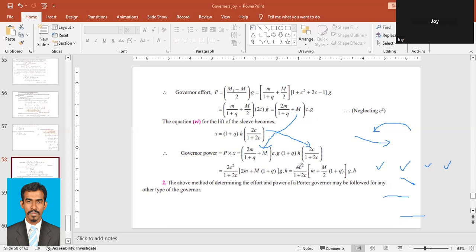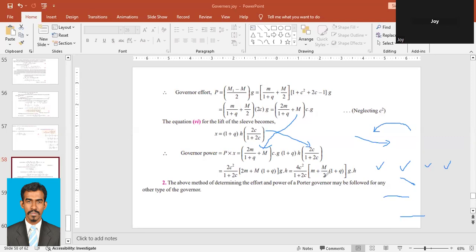So 2 into 4, 4c squared upon 1 plus 2c within bracket. I have already taken this 2 out, so I have only m plus M by 2 into 1 plus q into gh. So this is the power of the governor.